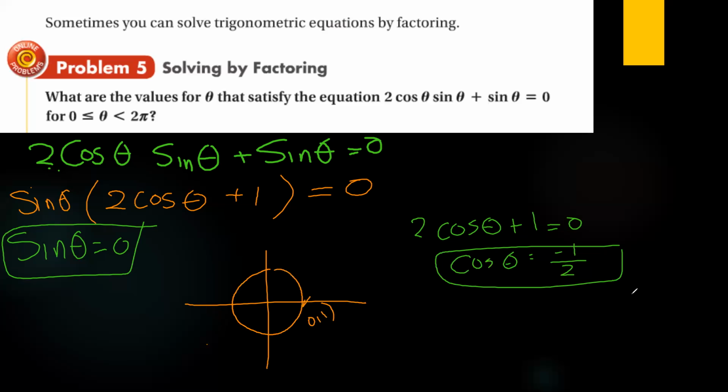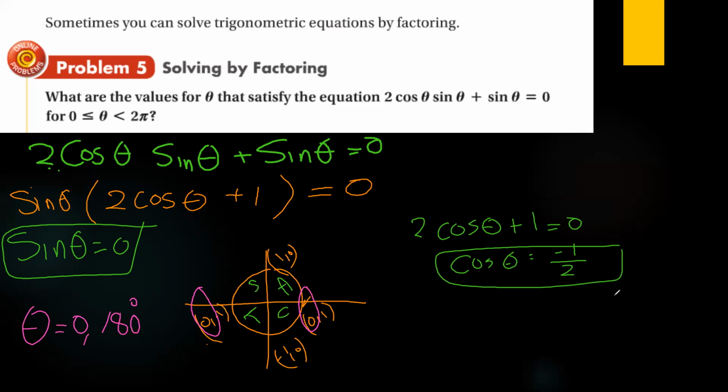Let's remember the values 0, 1, 0, negative 1, 1, 0, and negative 1, 0. Which angle has sine 0? That could be 0 and 180. So the two angles of theta here will be 0 and 180 degrees. This is the first two angles.